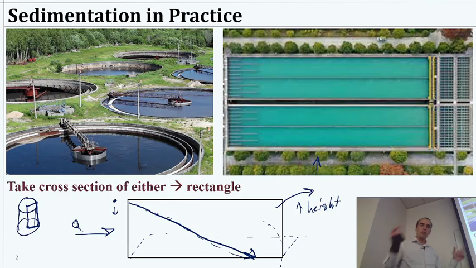So it doesn't really matter if we're looking at a circular or a rectangular basin. In either case, we're watching that particle. Does it meet the ground before the water exits the other side? So that's pretty handy. The only thing that will change then is the calculation for the area of the basin, which turns out to be important, and we'll talk a lot about that in a moment.